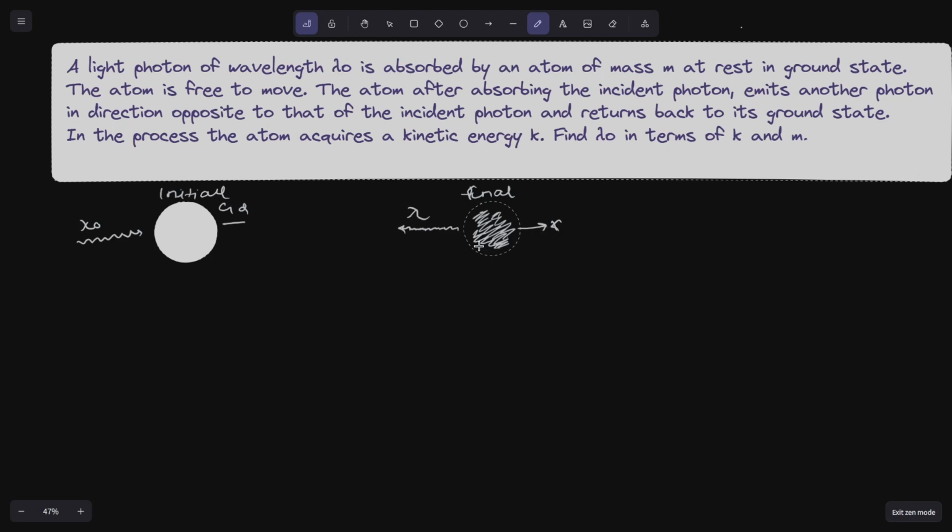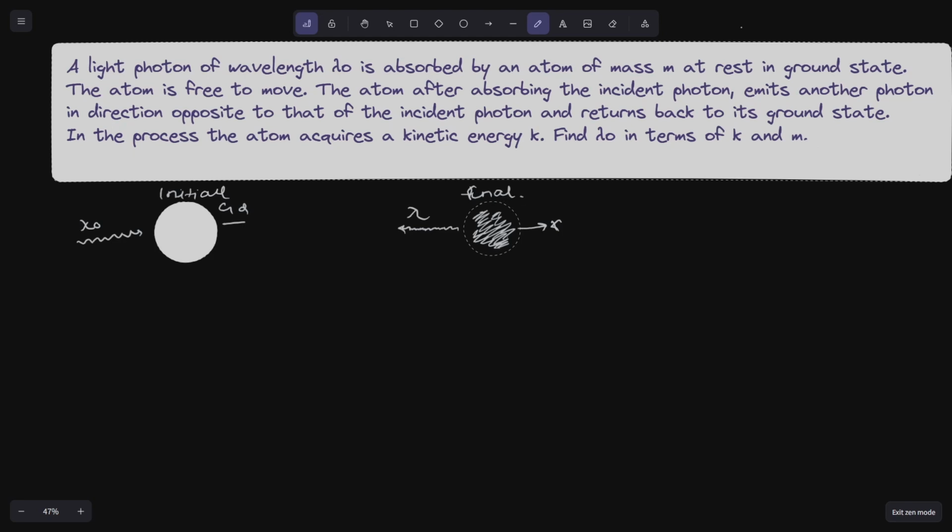So this is the basic concept of this question: a lambda naught wavelength photon is coming and it is providing the atom some energy, so it is getting excited. Then again it is releasing a photon, not the same wavelength, in the opposite direction.